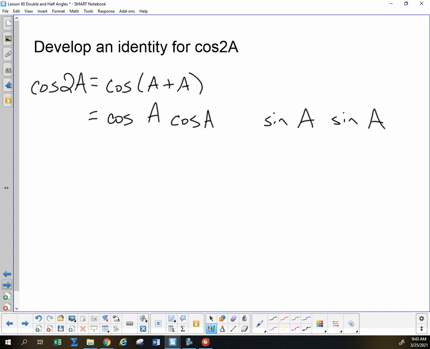But with the cosine formula, the plus or minus sign switches. So now I have a minus in between. And then I step back and I look at that. Oh, cosine times cosine, that is just cosine squared. And sine times sine, that is just sine squared. So there's my formula for double angle. Cosine 2a is cosine squared a minus sine squared a.